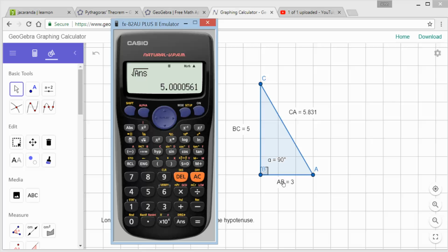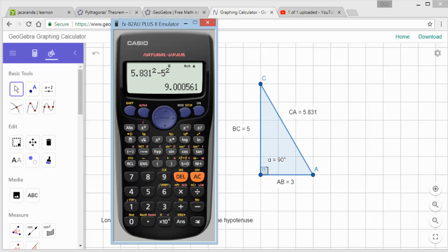Now what about if we do the other way? Let's say we don't have AB equals 3 length and we want to work that out. So we'll go 5.831, square that, subtract 5 squared, which will be 25.